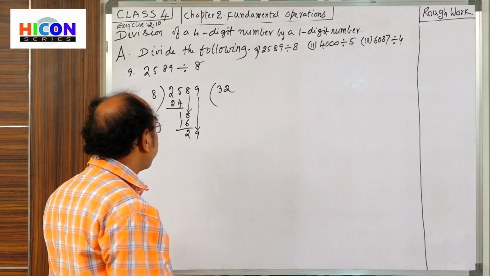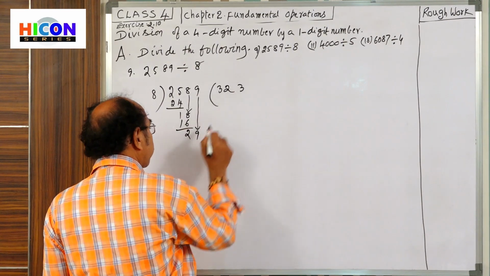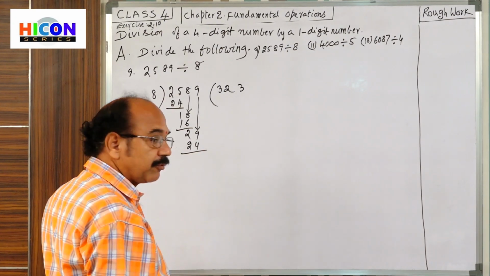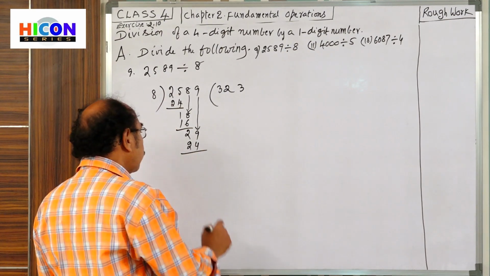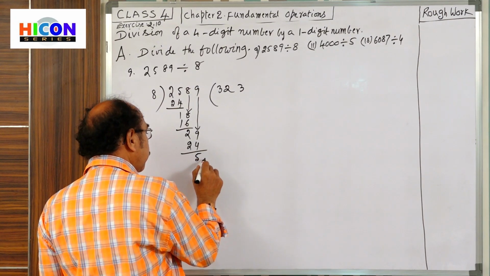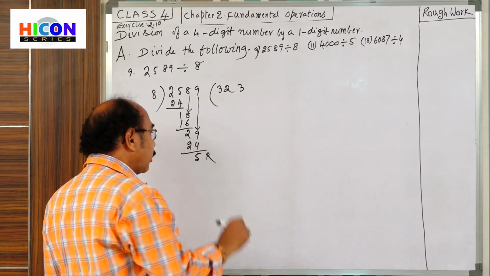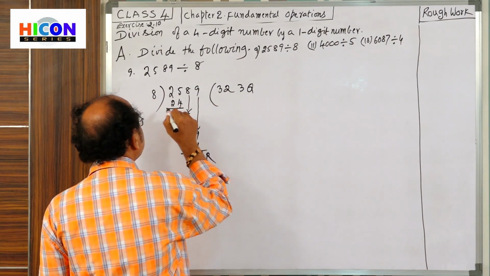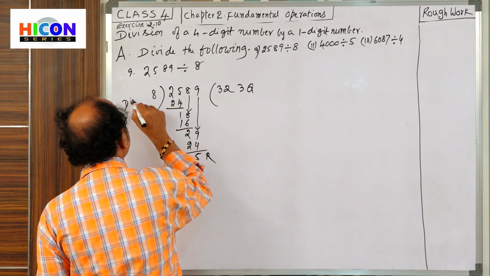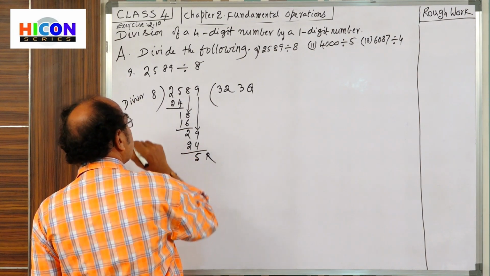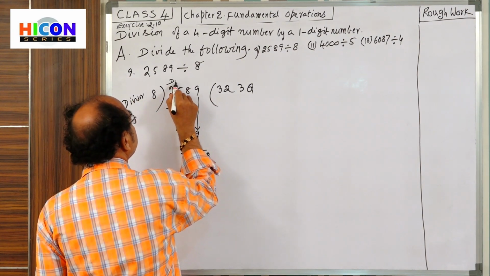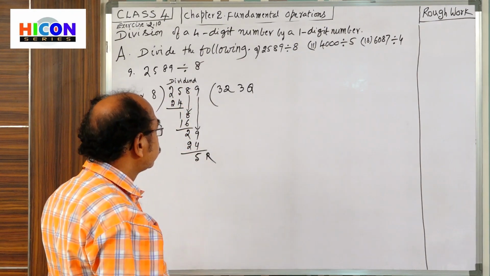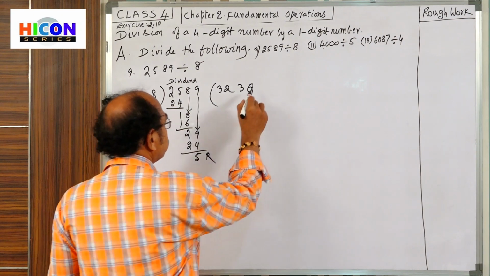That's why 3 times you take. 8 threes are 24. What is the remainder? 5 is the remainder. R stands for remainder. This is the quotient. This is the divisor. This is the dividend.